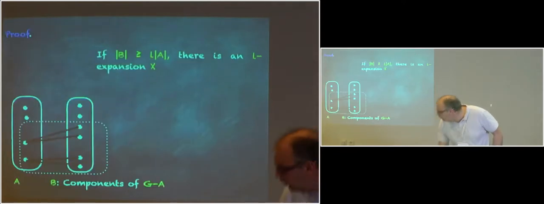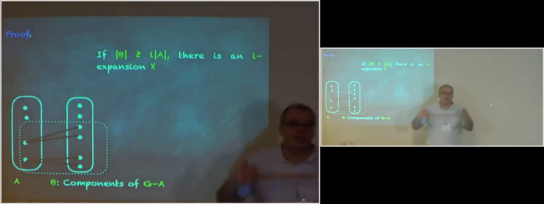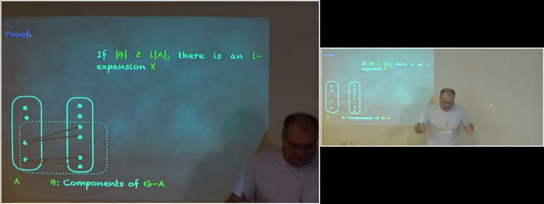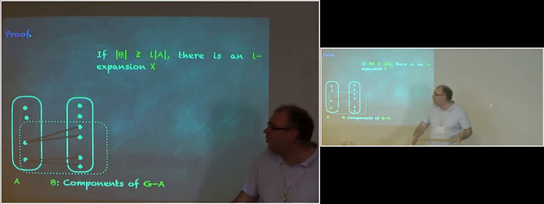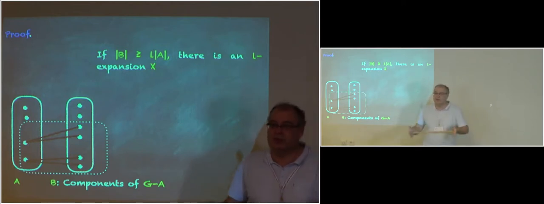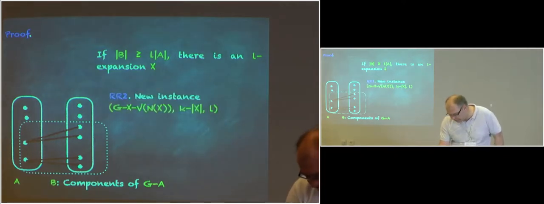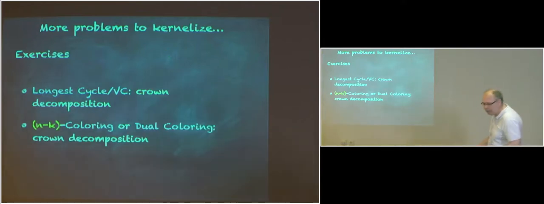And just once again, what's happening? Either I already found that the size of my graph is at most L cubed times k, or if the size is larger, then I'm able to design a reduction rule, right? Which means that at the end, when my graph is irreducible, its size is bounded by L cubed times k. Okay, we're almost done here.